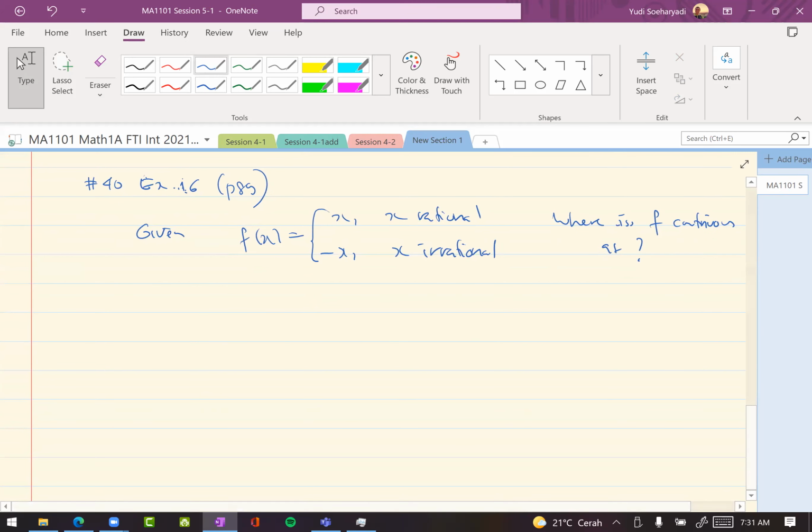All right, so if you try to draw the diagram, it looks like this one.